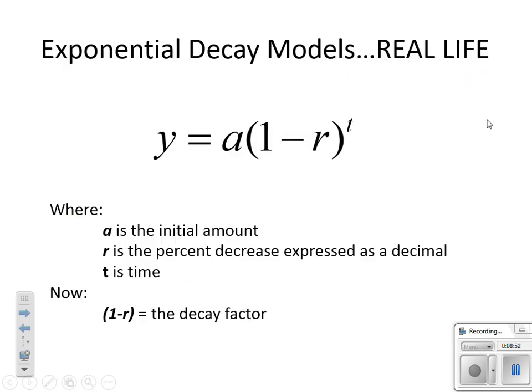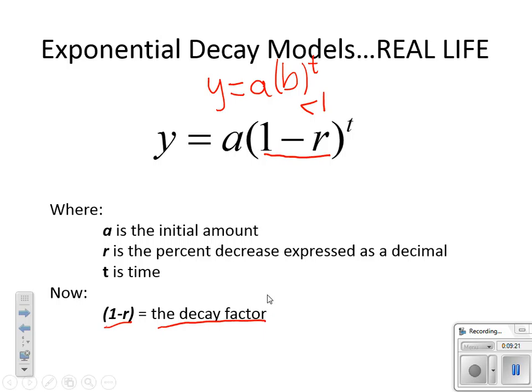So now let's look at an example of decay models. Like the last one we had, like we were graphing, you had y equals a times b all to the t. Well, now with a decay model, remember that when you decay, b is less than 1. So we're going to have b be the same thing as 1 minus r, and we're going to call 1 minus r the decay factor, just like we called 1 plus r the growth factor.